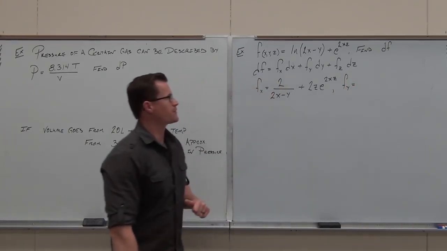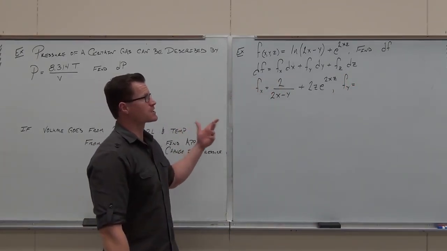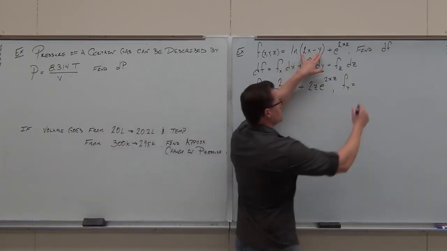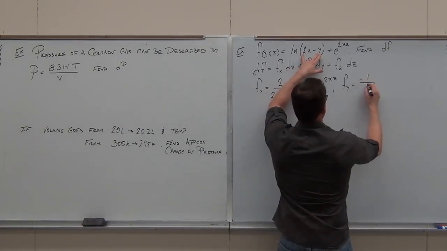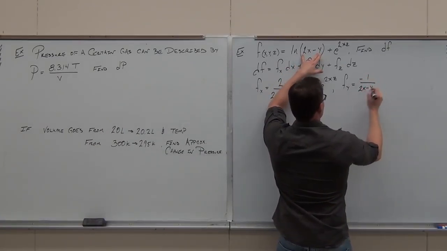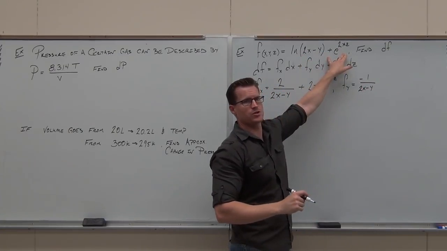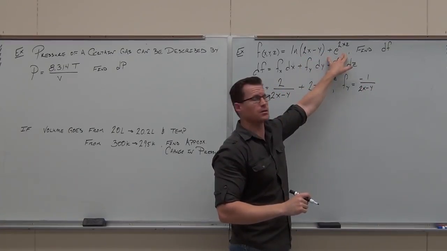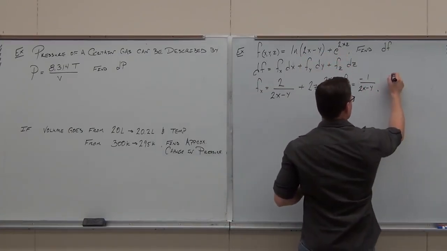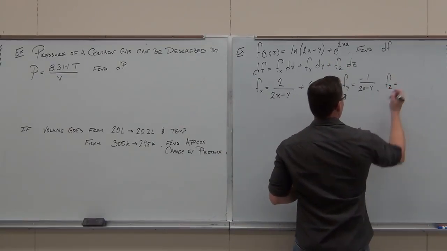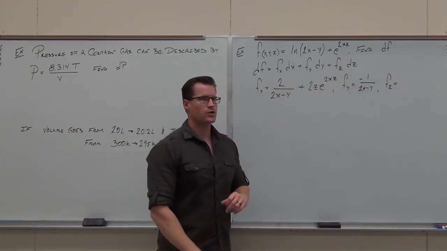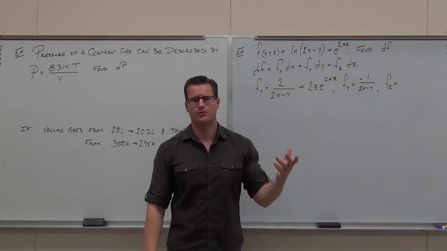Partial derivative of f with respect to y, very similar. We got chain rule, derivative of this with respect to y is, love it. Partial derivative of f with respect to z. I told you I'm moving fast.